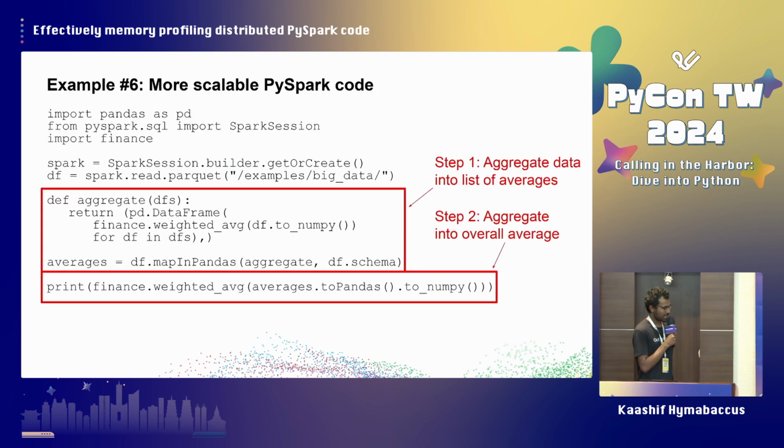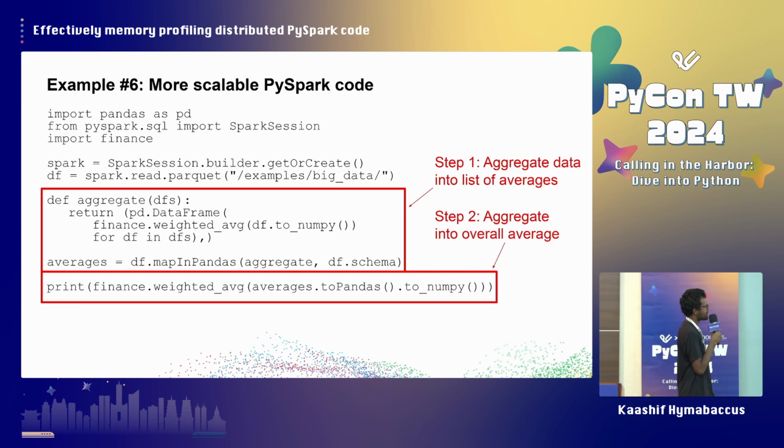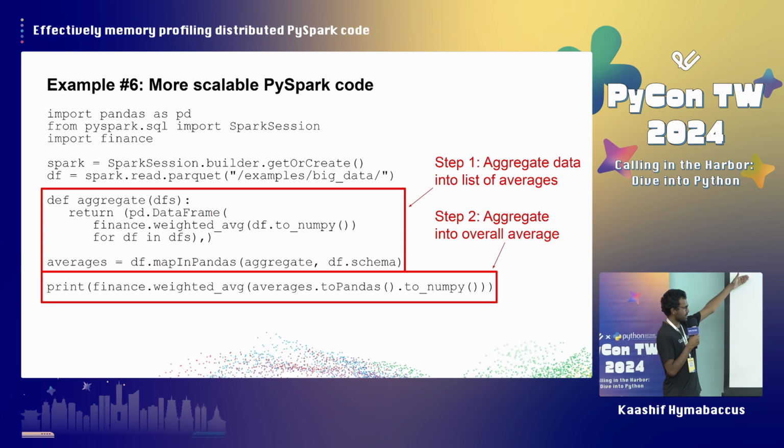So what does our more scalable code look like? Most of it is similar. In this case, we're using PySpark SQL to create our Spark session, so we're not relying on the supposedly drop-in PySpark pandas API. Our first function here is what we're giving to map-in-pandas. It takes an iterable of data frames, and for each of those data frames, we take the weighted average.